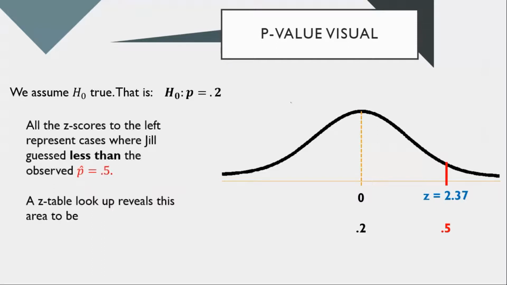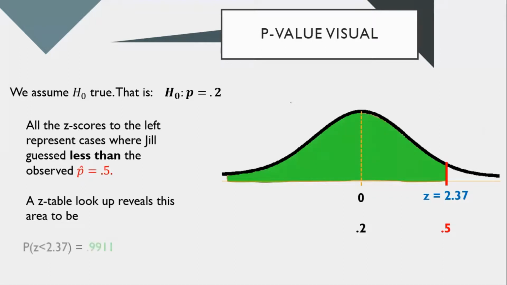So everything to the left of that 2.37 represents cases where Jill would have guessed less than 50% correct. This is the number we can look up on our z-table. And when we look it up, we see that it's 0.9911.